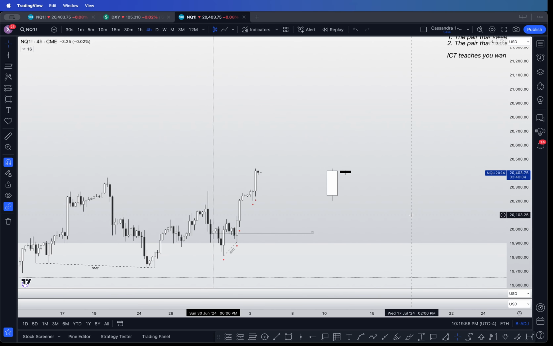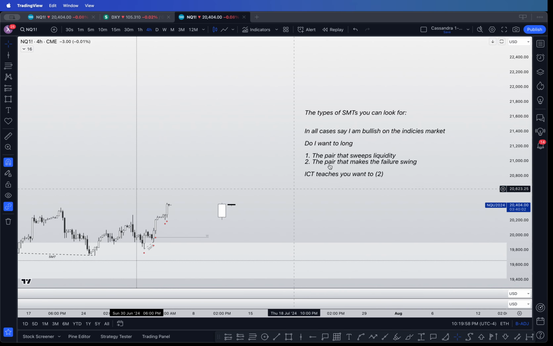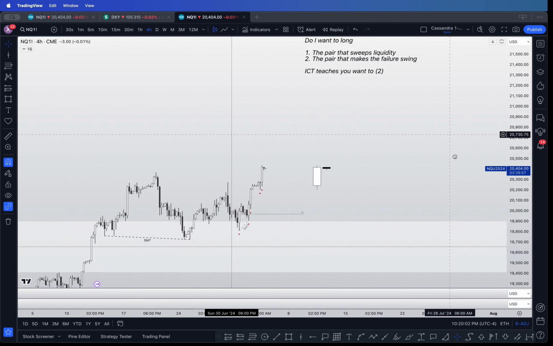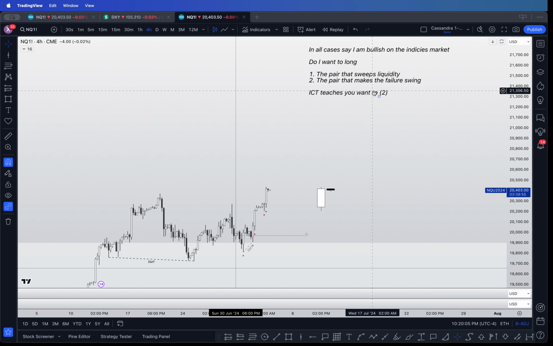So the reason why I've observed that this hard and fast rule of longing the pair that makes the failure swing doesn't always work is because I like to consider both higher time frame and lower time frame divergences and use both ideas.